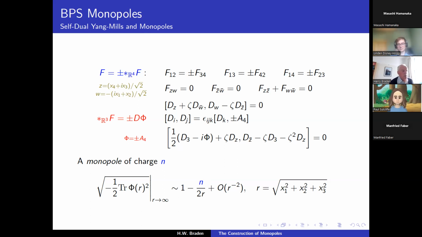Now, the world has changed, and this was of an age when people wanted to solve equations explicitly. The N equals 1 monopole was written down, and the question is, can we find solutions of these equations?